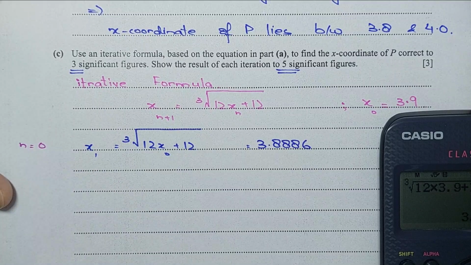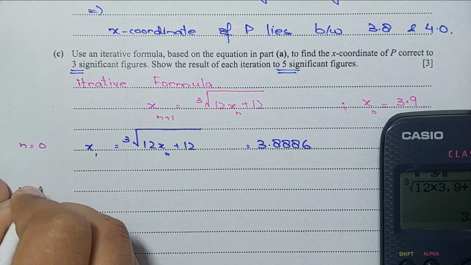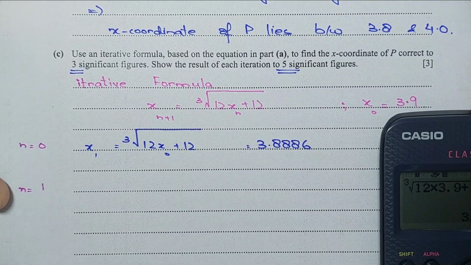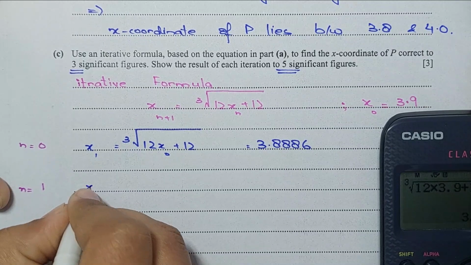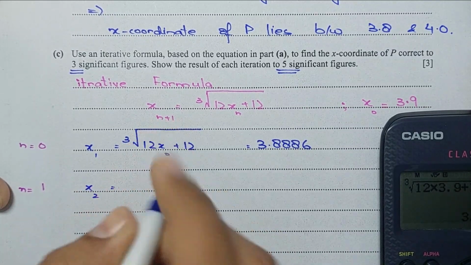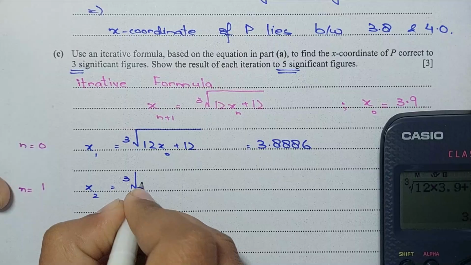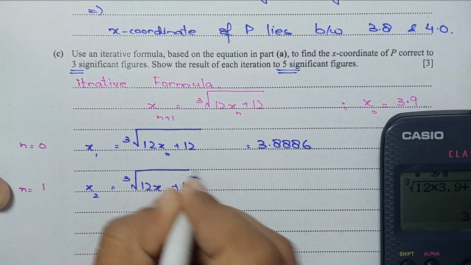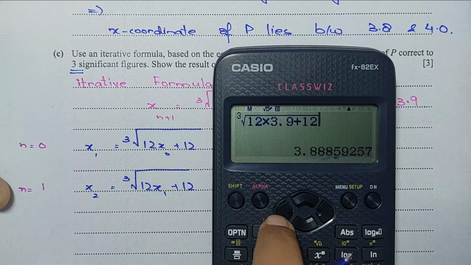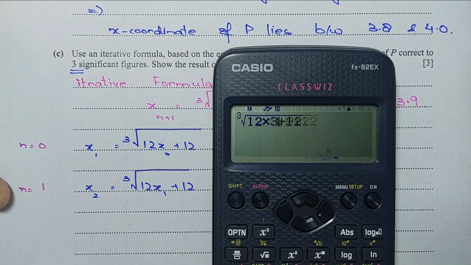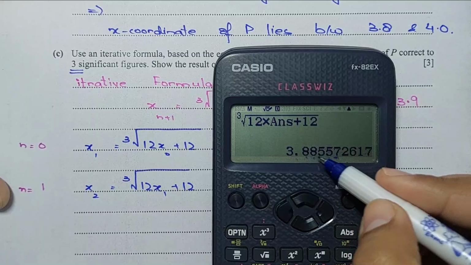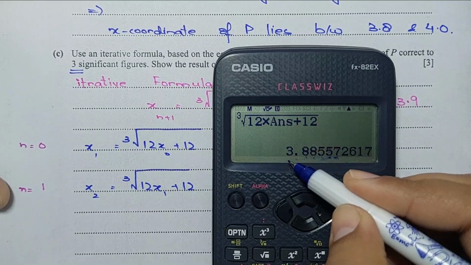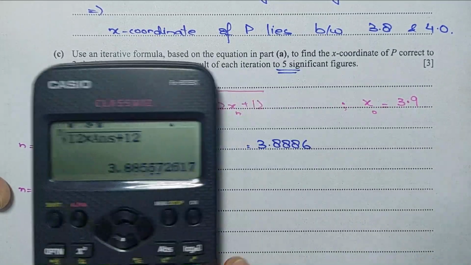Now when n equals 1, x2, because 1 plus 1 is 2, is the cube root of 12 x1 + 12, where x1 is the answer we just found. Rounded to 5 significant figures, 3.8856.